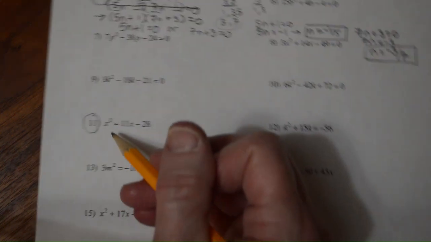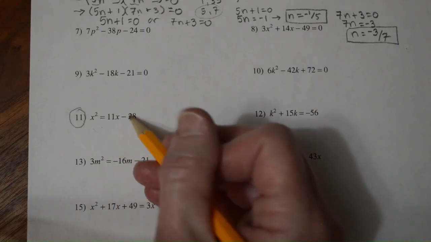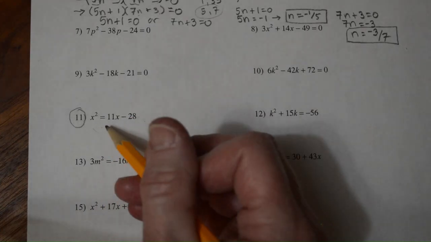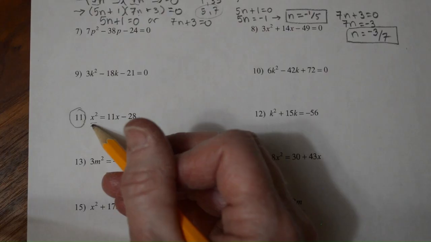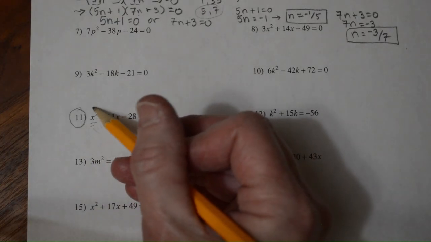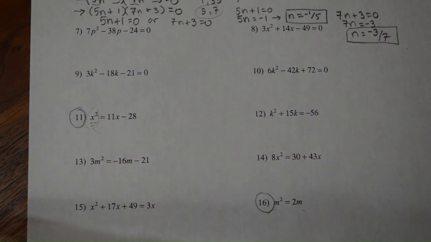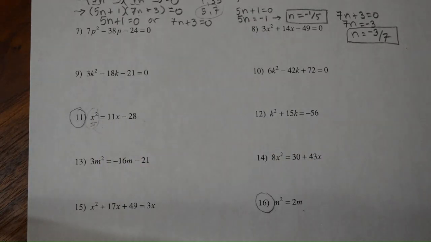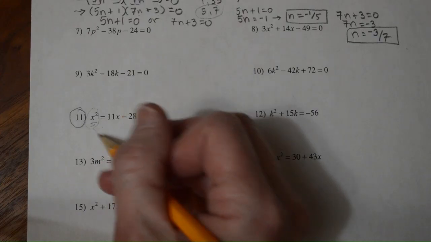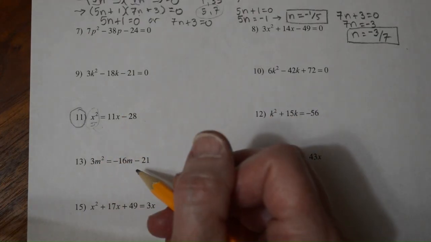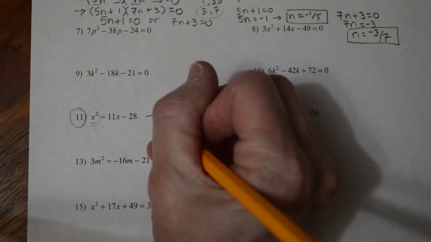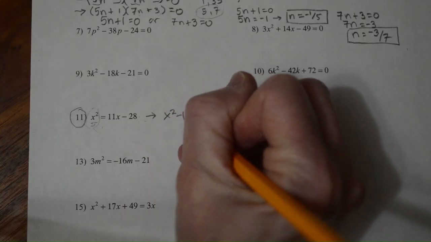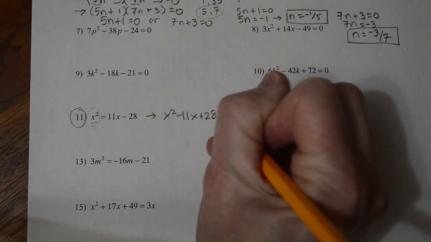Now, you might be looking at this and saying, oh, I'm just going to move the x squared over. But our rules for factoring rely on that leading coefficient being positive. So even though it would be faster to move the x squared over, we want to keep that positive. And so I'm going to move the 11x and the negative 28 over. This is going to become x squared minus 11x plus 28 equals 0.